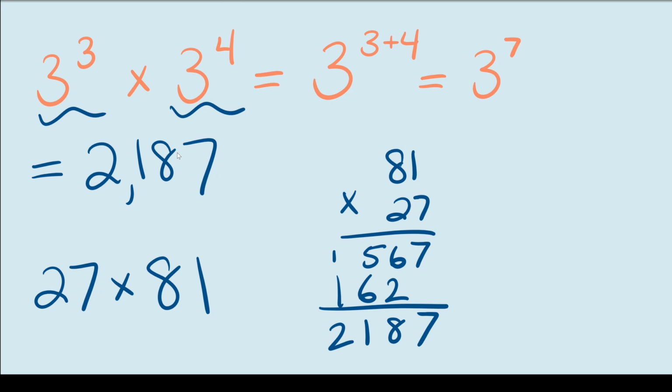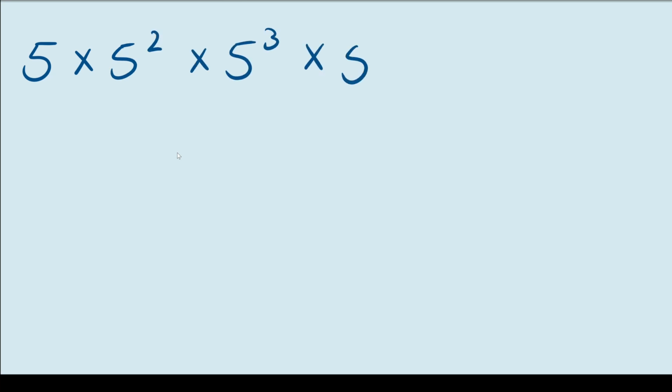Now let's do one more practice problem. So for this final problem, I have 5 times 5 squared times 5 cubed times 5 raised to the 4th power. Now let's do this using both methods that I've been doing. So first, for the shortcut method, we can treat this first 5 right here as 5 raised to the 1st power. So in that case, I just have to add up all the exponents, which would just be 1 plus 2 plus 3 plus 4.